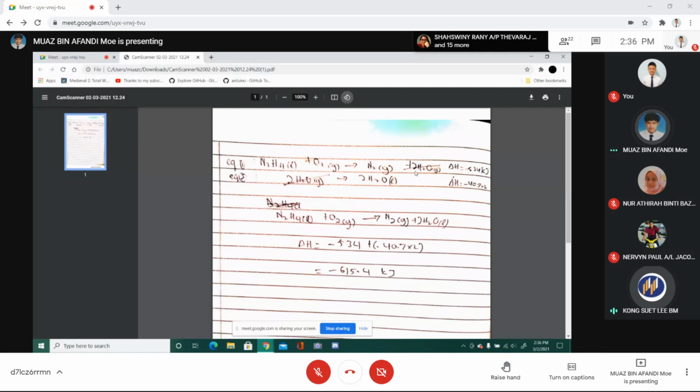Berdasarkan penyelesaian anda, yes, you dapat jawapan yang betul. Tapi ada kekurangan terhadap jawapan anda. Bolehkah anda sebut apa kekurangan jawapan anda? Kalau you bandingkan jawapan anda dengan Atira tadi, apa yang you kurang?